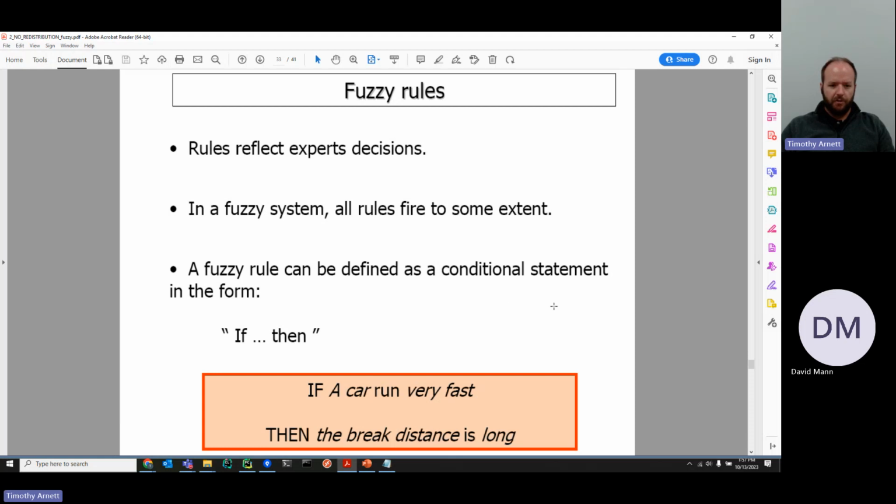They are defined as a conditional statement in the form of if-then. If a car runs very fast, then the brake distance, apologies for the misspelling, the brake distance is long. And so you can associate these input sets with the output sets and actually form an English language sentence that describes the entire action that's being taken by the fuzzy system at that point.